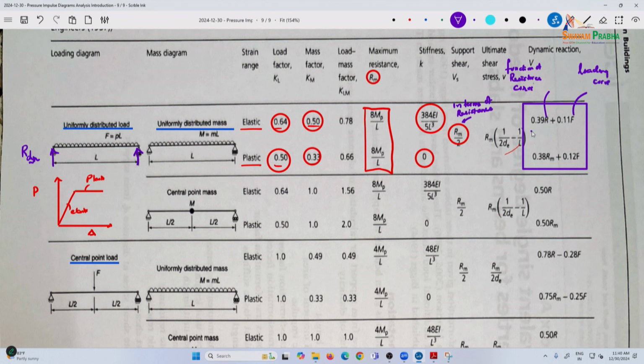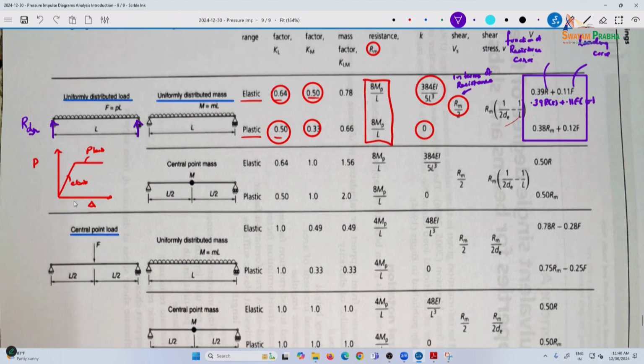So, this is, you can say, 0.39 R of t plus 0.11 F of t. And of course, you need to find out where it is the maximum resistance, this is the maximum load. So, you have that for central point load.